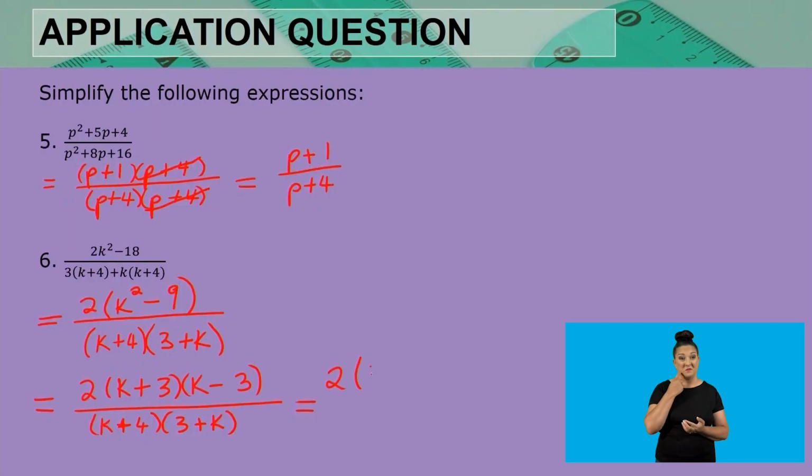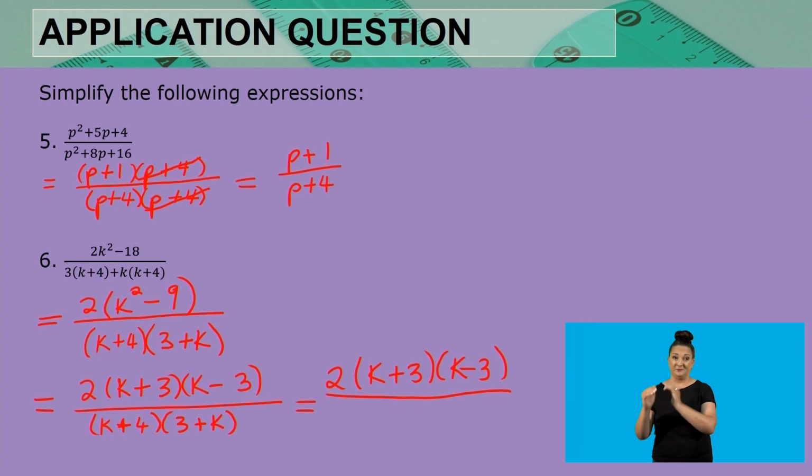If it is easier for you, you can just rewrite it where you have swapped the two around, and that means we are going to have 2 and in brackets (k plus 3) and in brackets again (k minus 3), and as the denominator we are going to have a (k plus 4). And because addition is commutative, we can swap those two terms around, so that is going to be a (k plus 3) as well.